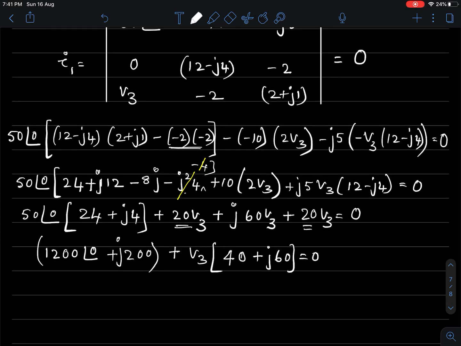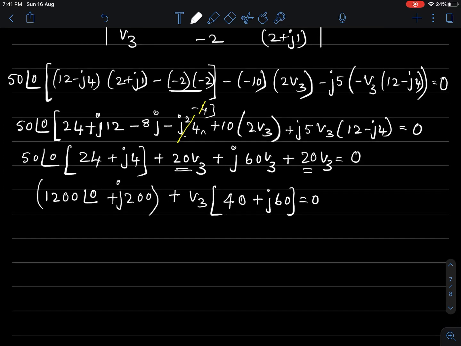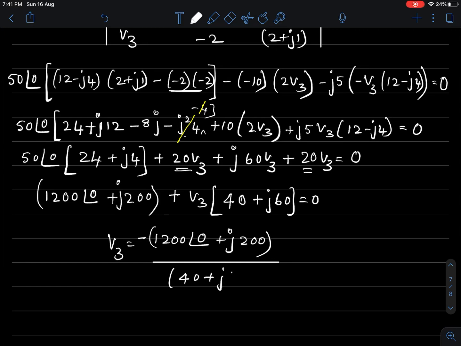All right, now what is my V3? Now if I can compute V3, V3 should be equal to 1200 at an angle 0 plus j200, the entire thing has to be taken with a negative sign because I am sending it to the other side, divided by the term 40 plus j60.